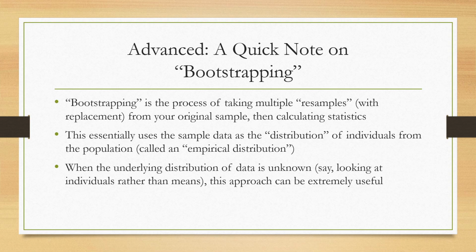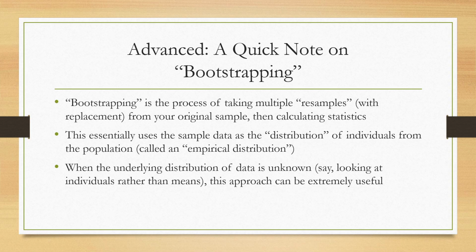But in the early 90s, this was not possible to do because we'd have to resample and do this thousands and thousands and thousands of times. But now our computers can do this in the blink of an eye. So this is a very computationally intensive process, but what it lets us do is make our own sampling distributions without any assumptions, except that the original sample matches the population data.